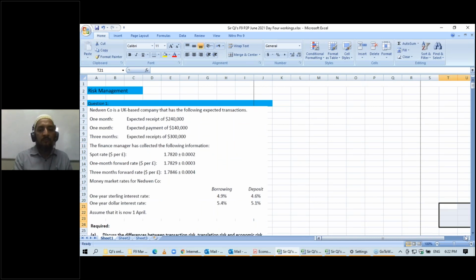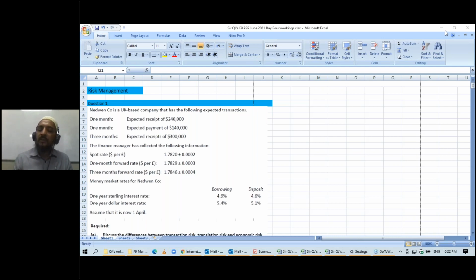So this is the first question, and this question involves hedging, forward market hedge and the money market hedge. These are the 2 most important hedges which can be asked in the exam as calculations, and one of the forward rate agreements. This is an interest rate hedge which can be asked.